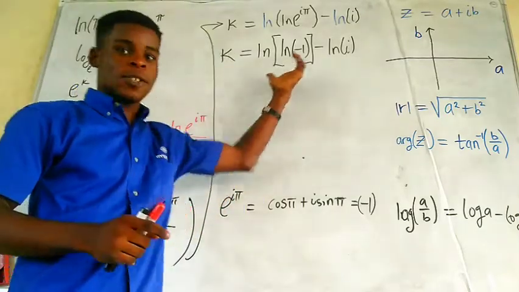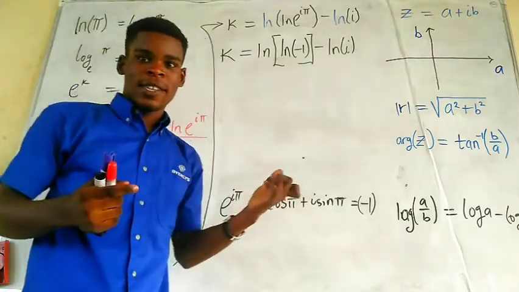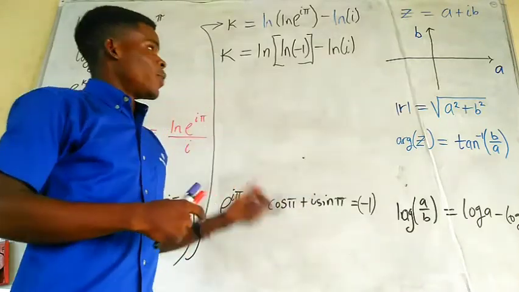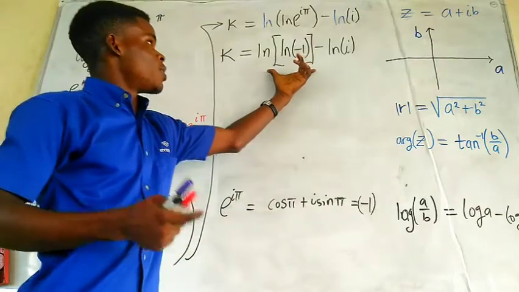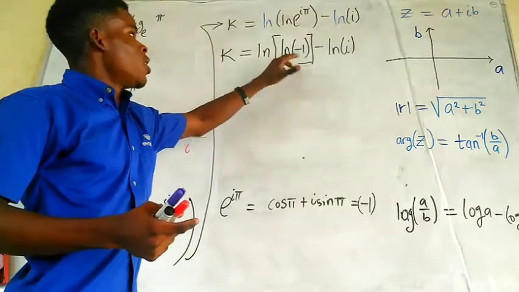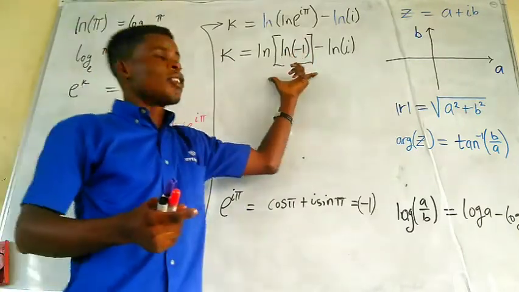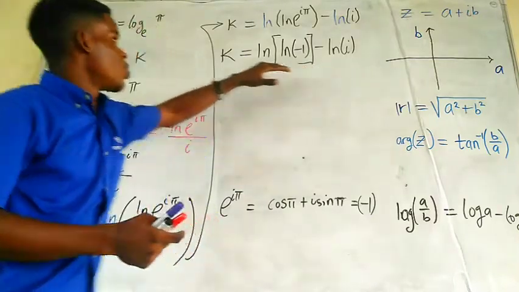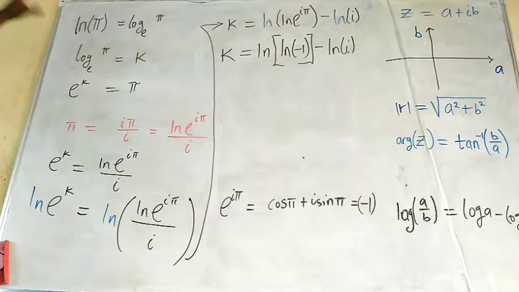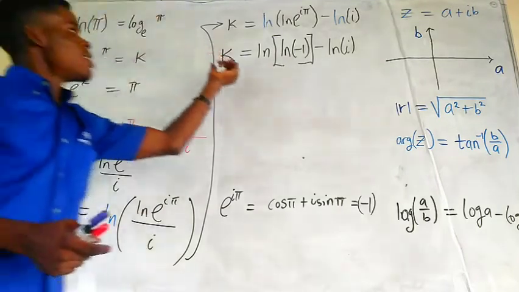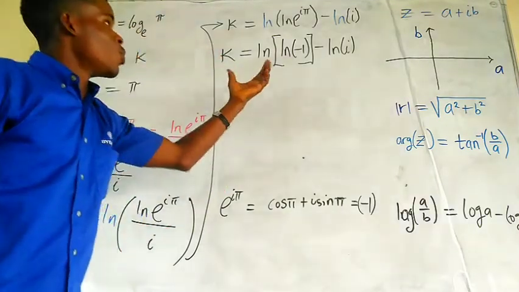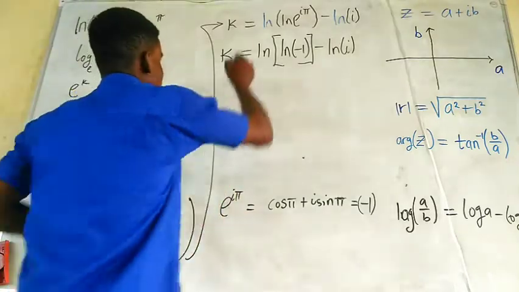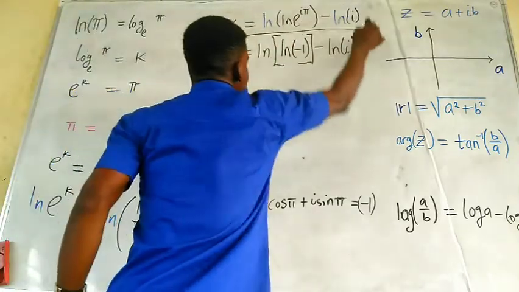The solution belongs to the set of complex numbers, so it actually exists, but in the set of complex numbers. You can check my videos for that. Just enter my channel page and look at all those things. So ln of -1 is actually going to give us something. If you evaluate it right here, you're going to get back to ln pi, and that is the k here. So this is where we are going to stop, because it's a nice place to stop.